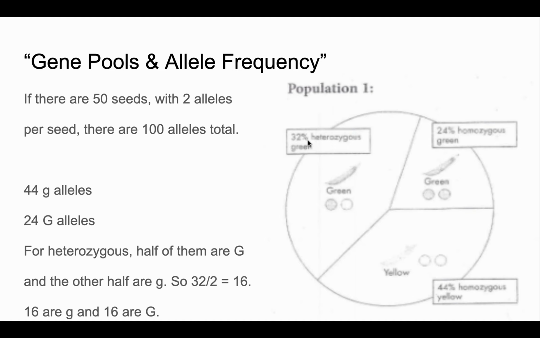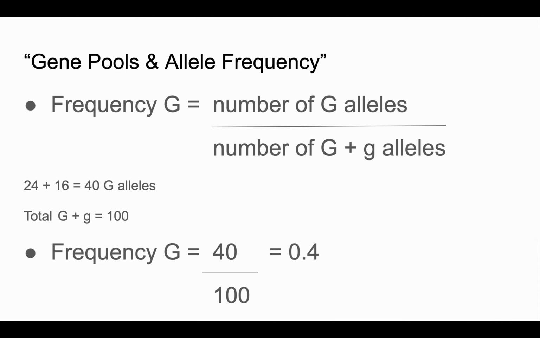So 32 divided by 2 is 16. That means there are 16 little g's and 16 big G's in this 32%. So we need to add those to what we have from the homozygous. That's what we're going to do here.